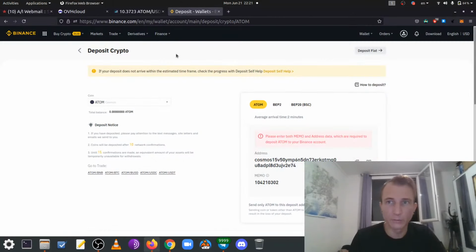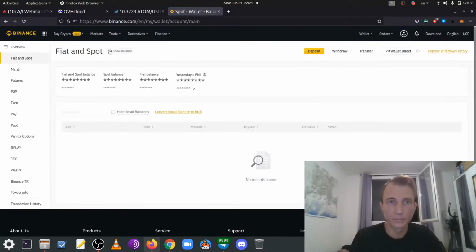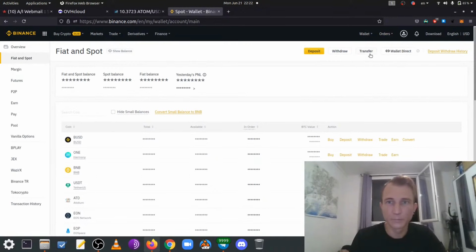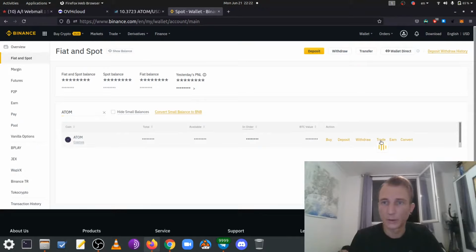Go to our wallet. Click here atom. Use trade.